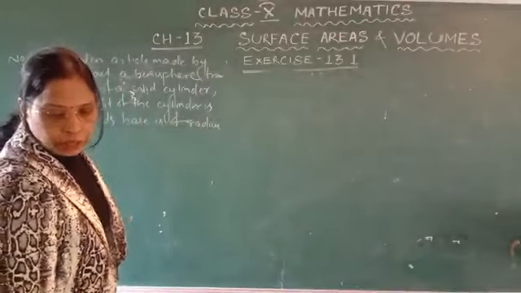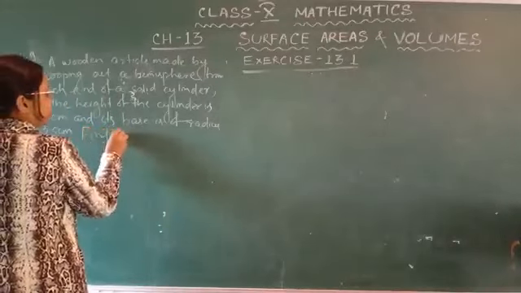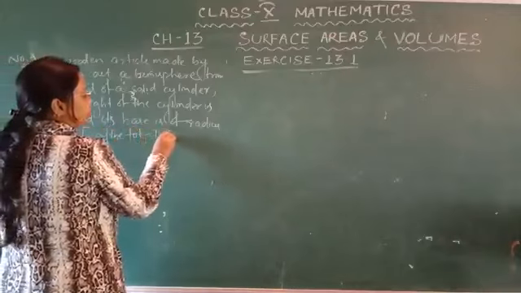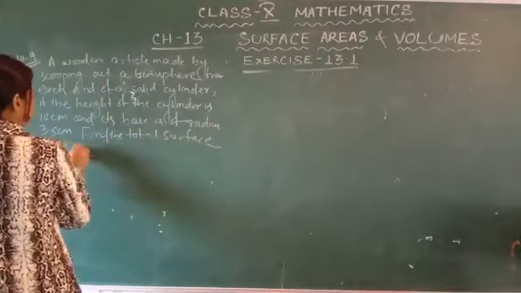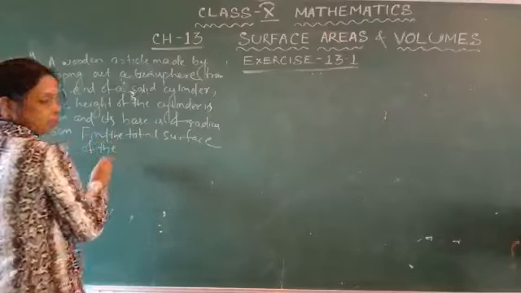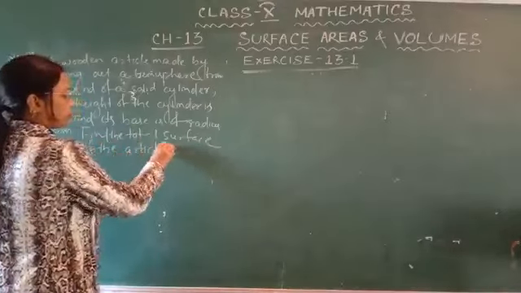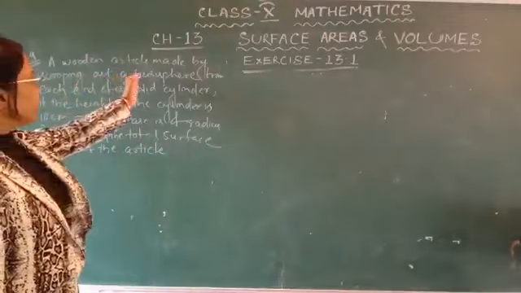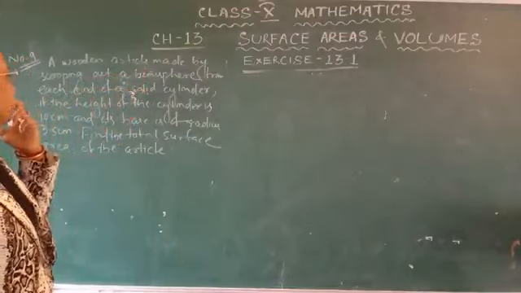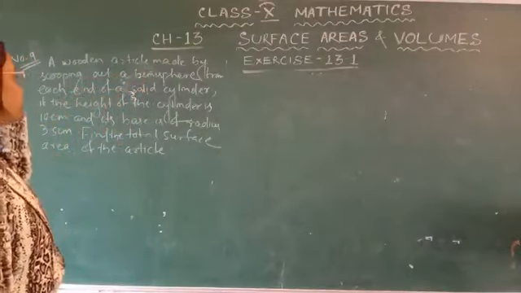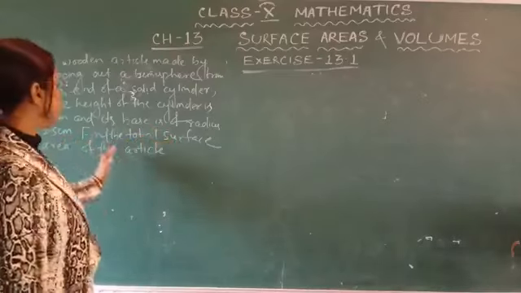Find the total surface area of the article. Okay. A wooden article made by scooping out a hemisphere from each end of a solid cylinder. If the height of the cylinder is 10 cm and its base is of a radius 3.5 cm.